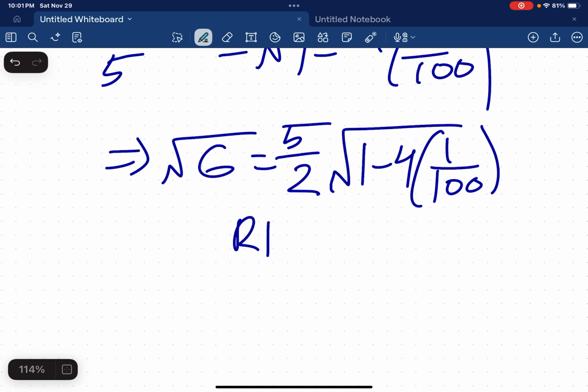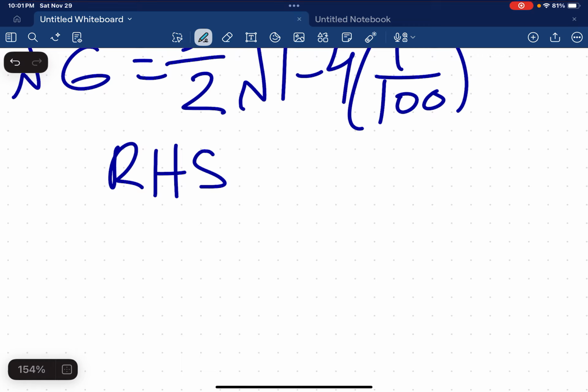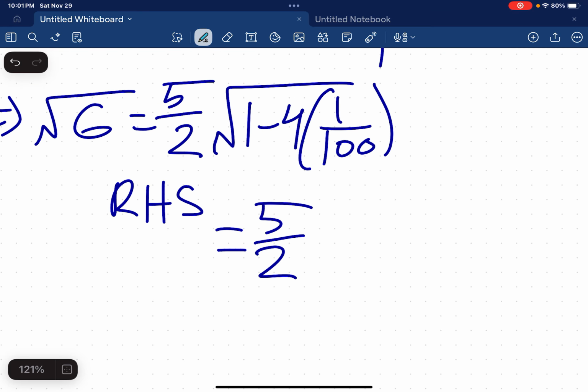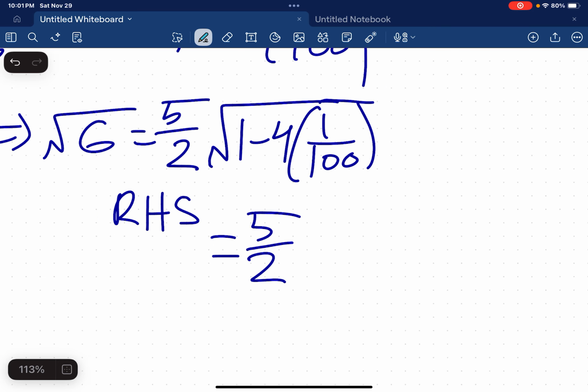And looking at the right hand side, that's just going to be equal to 5 divided by 2 times, where'd it go wrong?